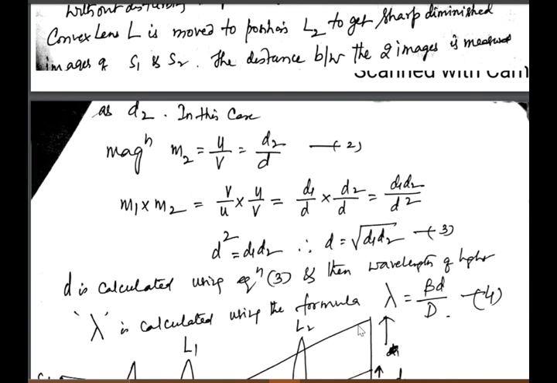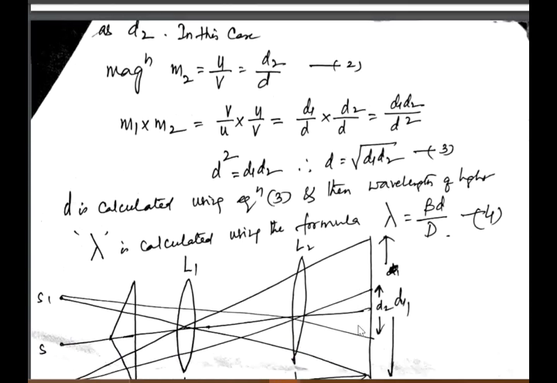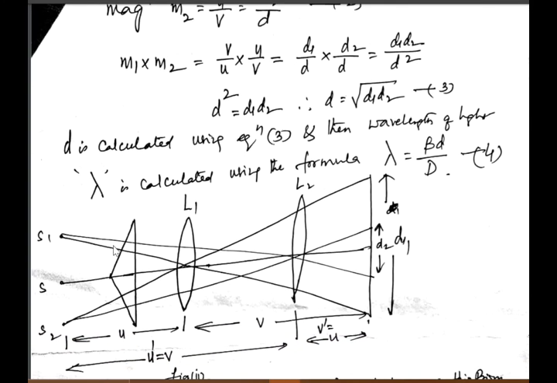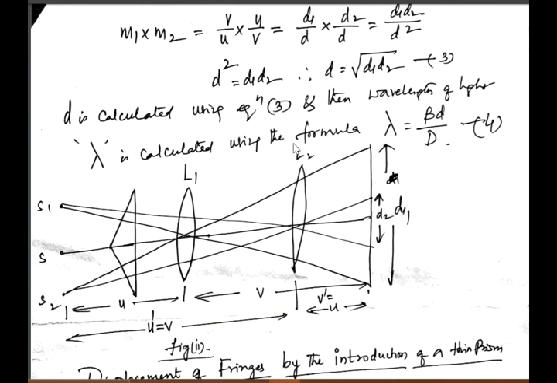So thus d is calculated using equation 3, and then the wavelength of light lambda is calculated using the formula lambda is equal to beta d by D, where beta is known, capital D is measured, small d is measured. So using equation 4, we can determine the wavelength of light.